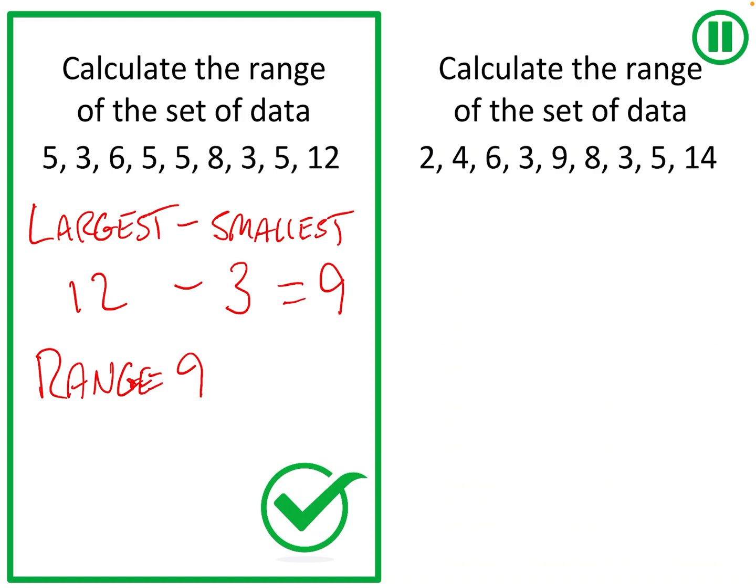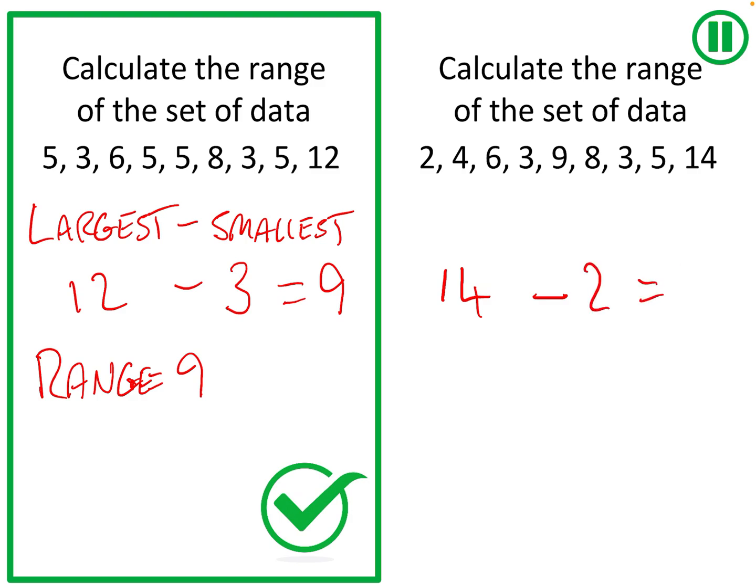Okay, so now that you've had an opportunity to have a go, let's go through this one. So first of all, let's look through the data. So 2 is quite a low number, and just casting my eye over here, 2 is going to be the smallest. Looking for the largest, 14 is the largest. So I'm going to have 14 subtract 2.